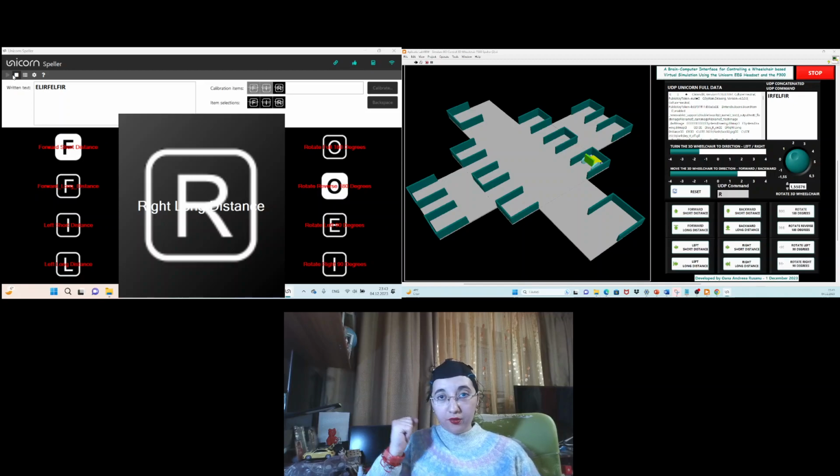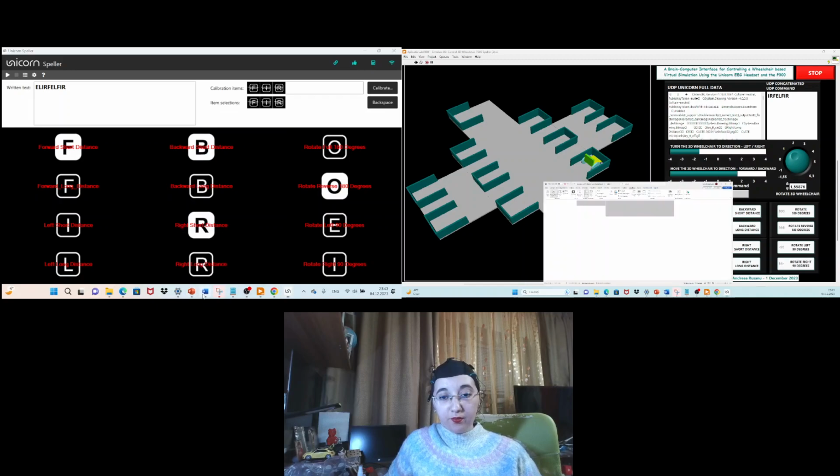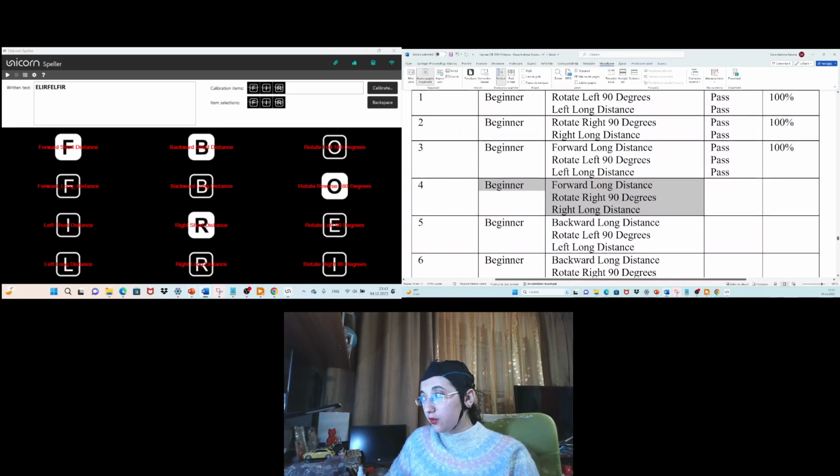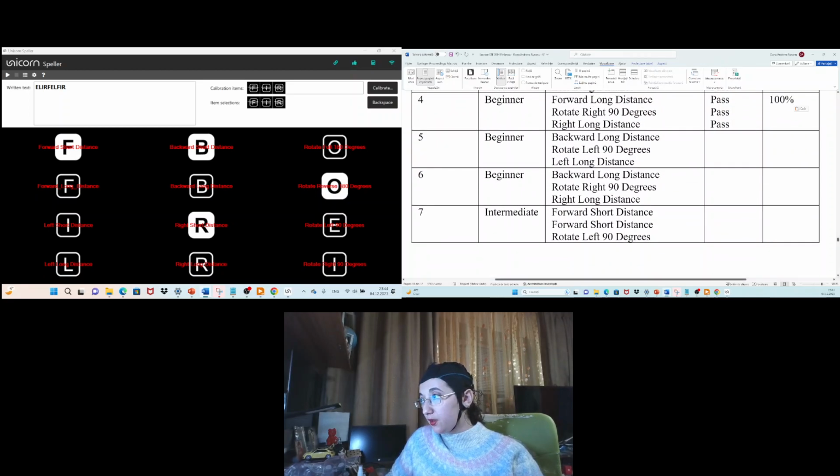So the wheelchair arrives in the final destination. So here for the fourth experiment, we also have 3 pass results and 100% accuracy. So you can see that the experiment is still in progress, but we have all the best results.